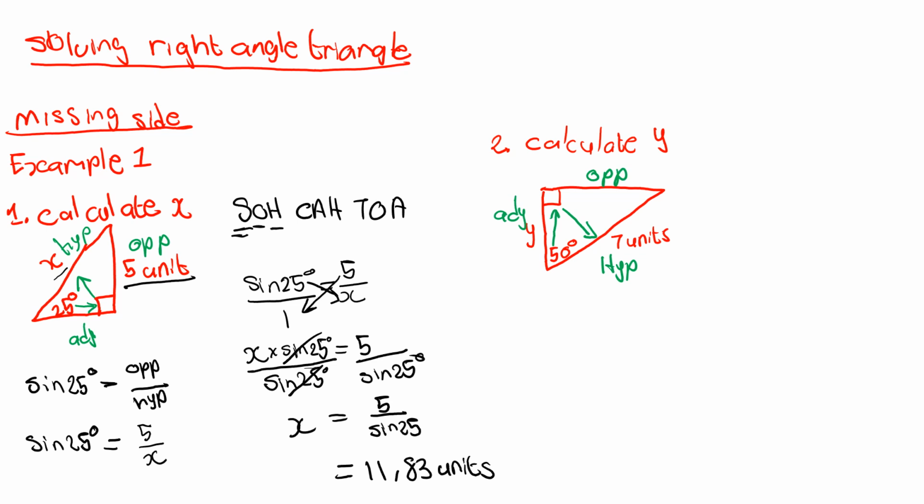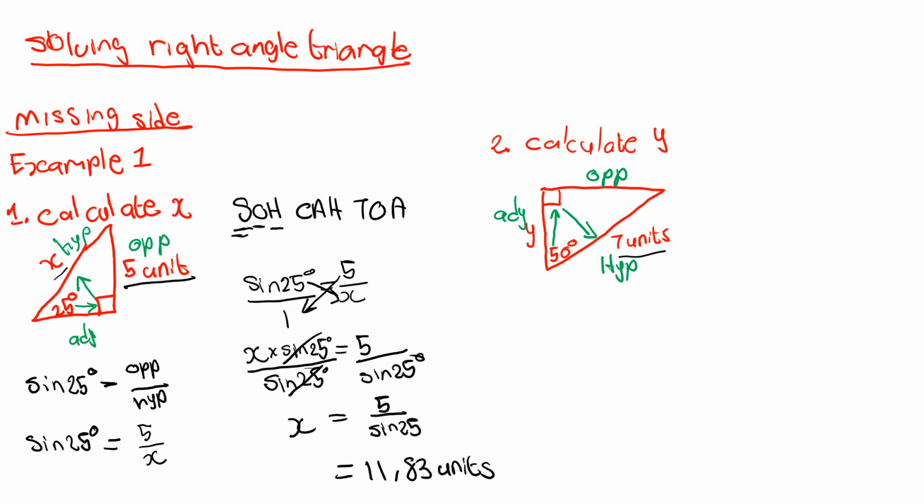So looking at the values that you have been given, you will notice that you've been given a hypotenuse and you were asked to find y. So what's the definition you're going to use? You're going to discover that you're going to use a definition that has an adjacent and a hypotenuse. So what is an adjacent and a hypotenuse?